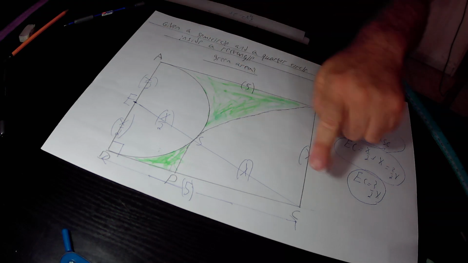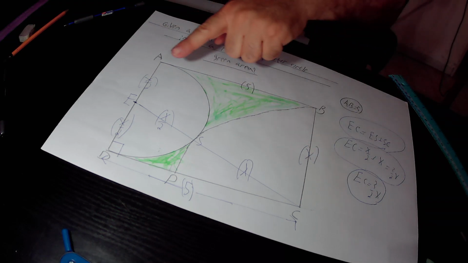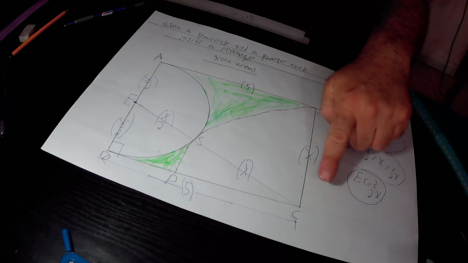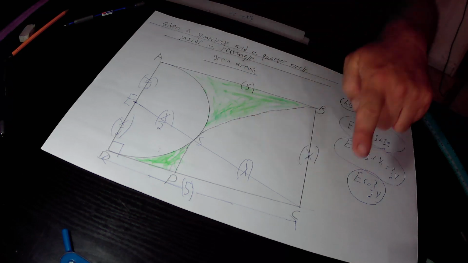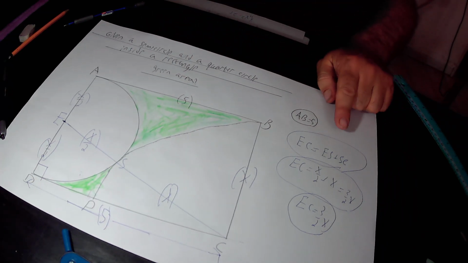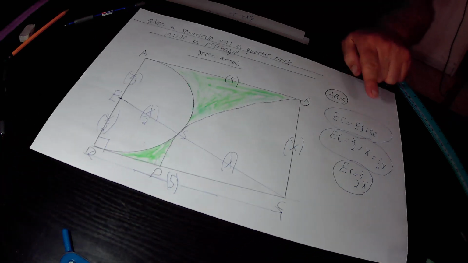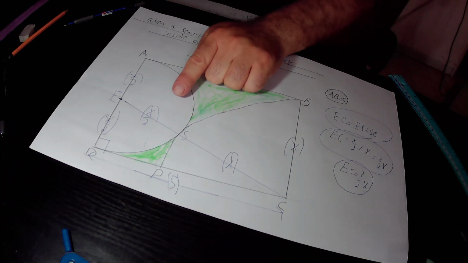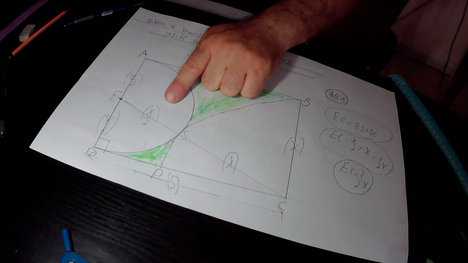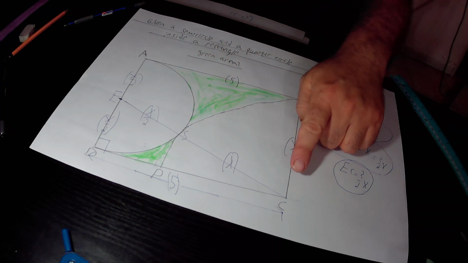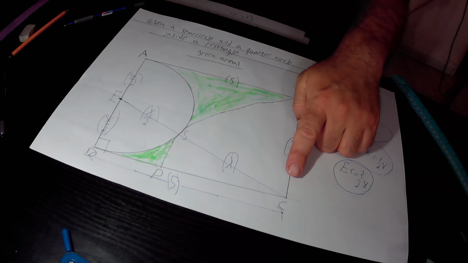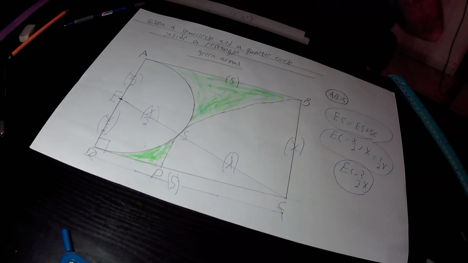If ESC is one straight line, it means that EC equals ES plus SC. ES is the radius of this semicircle, that is x over 2. And SC is the radius of this quarter circle, that is x, according to our definition.